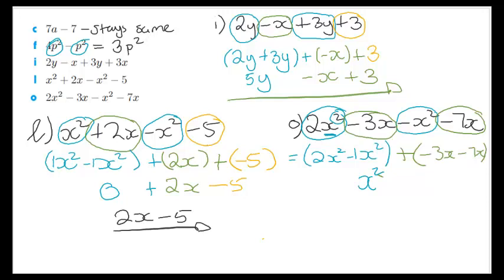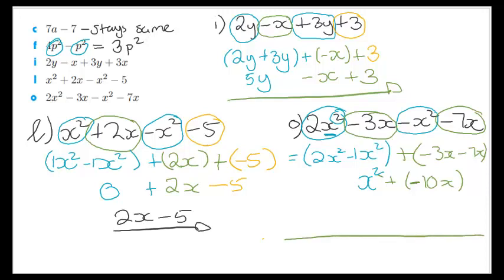So just x squared. Plus minus 3x minus 7x. If you owe me 3 rand and you come and buy on credit for another 7 rand, then you owe me 7 plus 3, which is 10. So owing me is a negative. It's negative 10x. Let me do it on our number line.